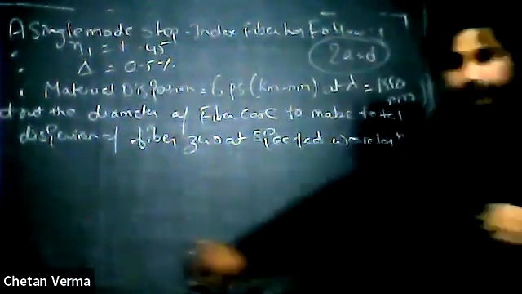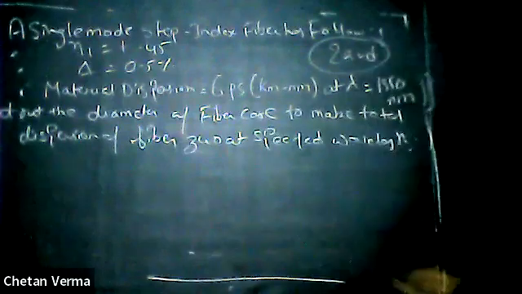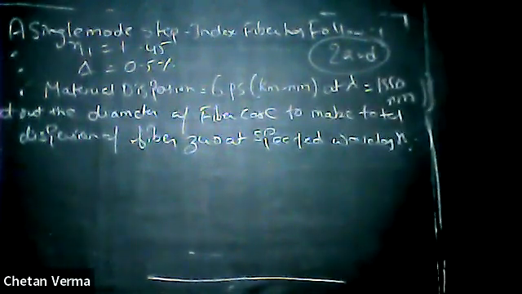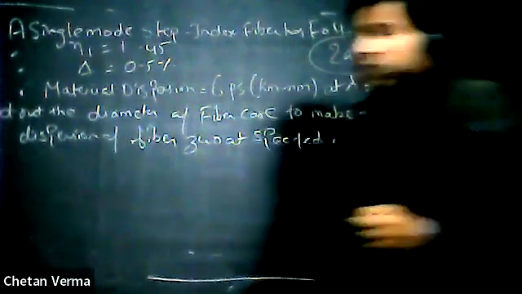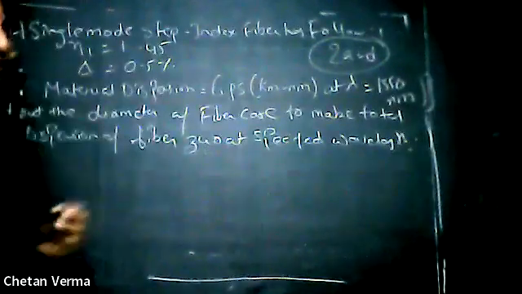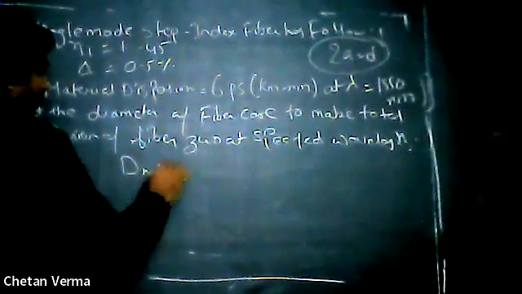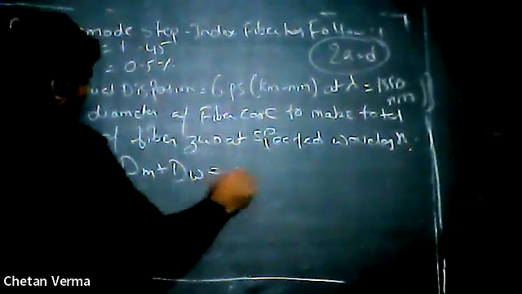Okay, in that particular scenario, to make the total dispersion of the fiber zero, the total dispersion formula is Dm plus Dw equal to 0.